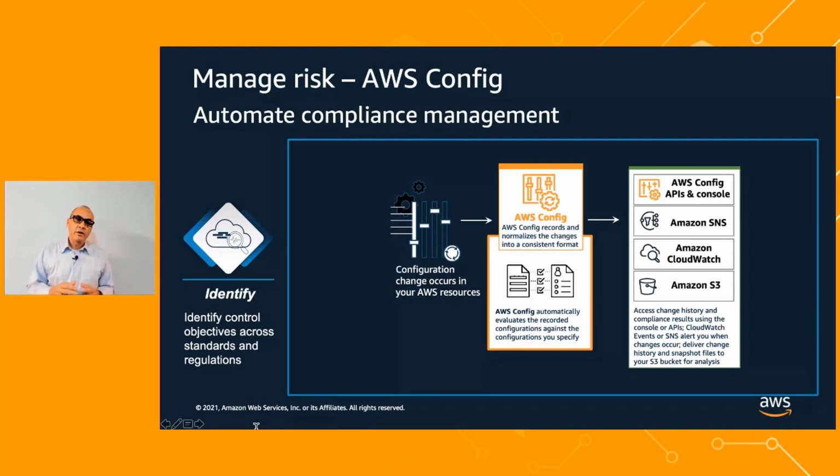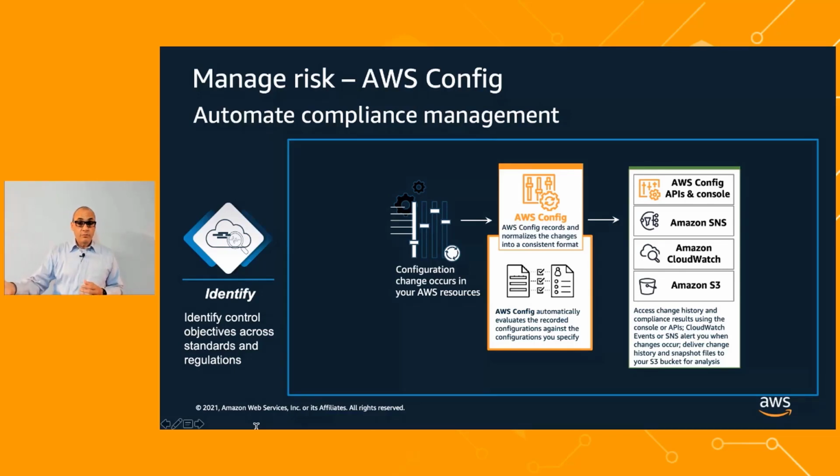Remember the example I gave you a couple minutes ago about ensuring that an S3 bucket is not public? Well, in an AWS Config rule, you can define that as a control that validates that all those resources across all your accounts, across all the regions, are indeed meeting those compliance requirements. Once it's detected, the resource will be flagged as non-compliant, and you have a number of options on how to address that.